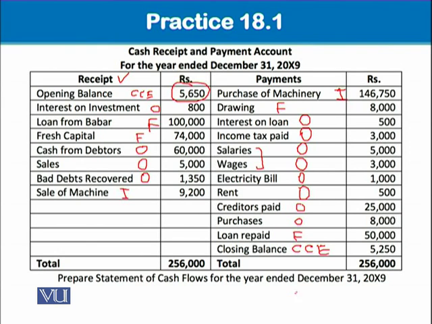We have a closing balance of cash and cash equivalent. So the important thing is that we have to mark O for operating, I for investing, and F for financing activity. So we have to mark OIF if this type of question is with us.